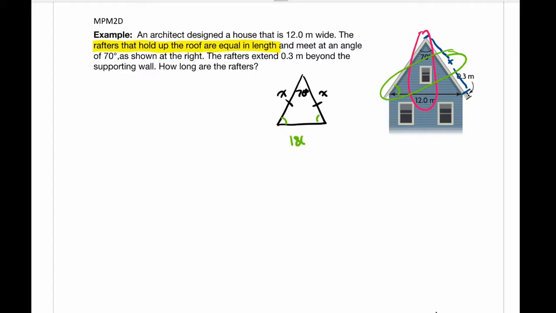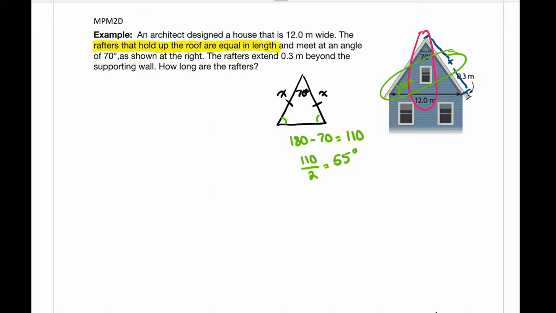Because again, all angles have to add up to 180, so 180 minus 70 equals 110. So that means these two angles, the two bottom angles, have to add up to 110, and they have to be the same because it's an isosceles triangle. So 110 divided by 2 equals 55 degrees.